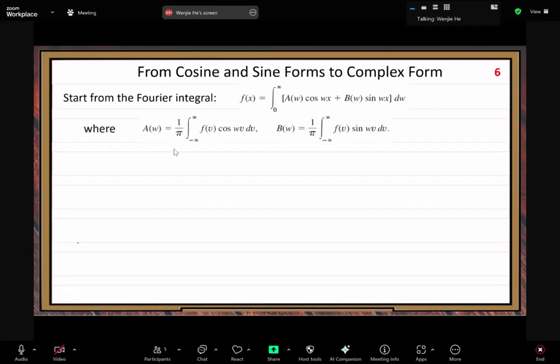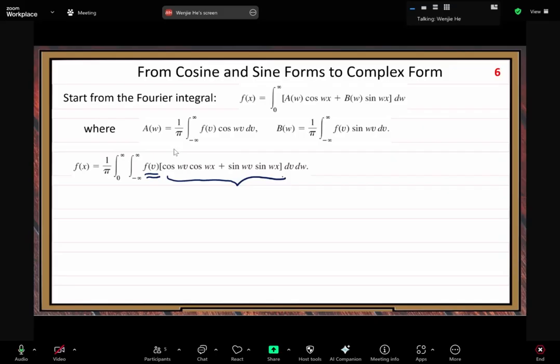Now here are the A, B formulas. Then we replace the A function by its integral. After we factor that f(v) function out, look at the parts inside the bracket.